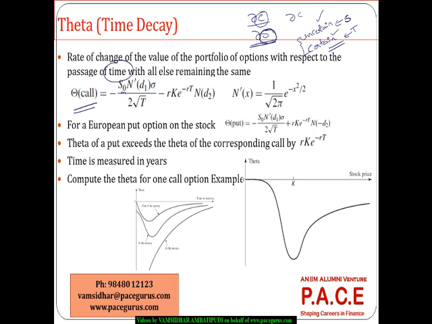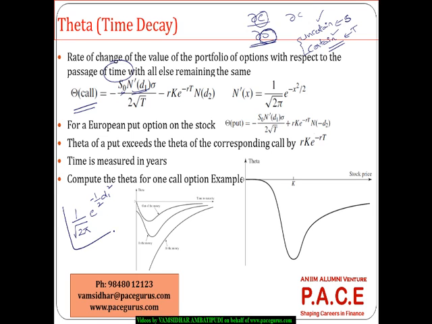Minus S naught, the stock price, N dash D1, which is the probability density function associated with D1, which comes out as e to the power of minus half D1 squared divided by root 2 pi.